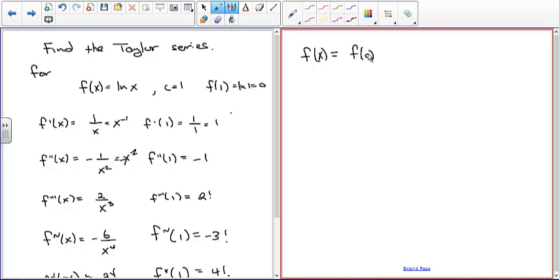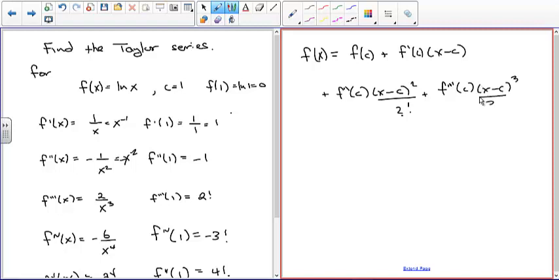So you take f of c plus f prime of c times x minus c plus f double prime of c times x minus c squared over 2 factorial plus f triple prime of c times x minus c cubed over 3 factorial. We'll keep doing that. So that's the Taylor series, and you just keep doing that.